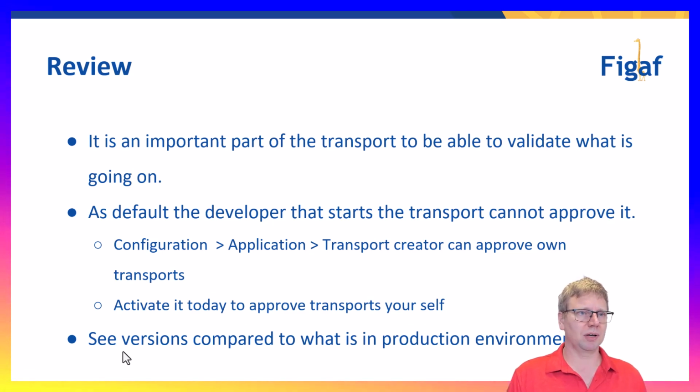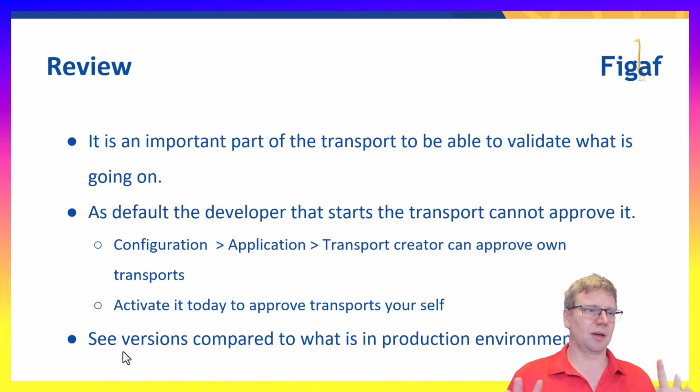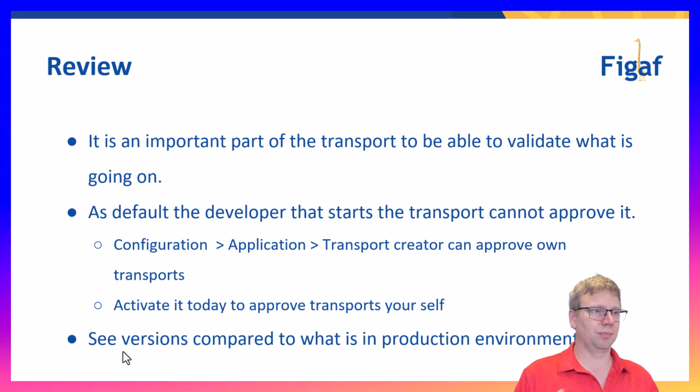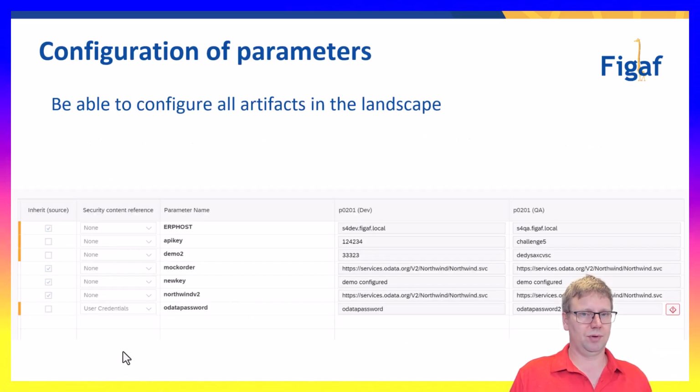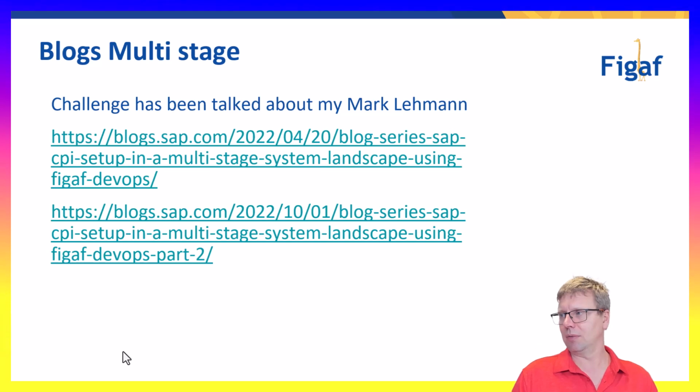We are not blocking anything unless there's something we think is technically impossible, like missing versions, etc. So it's all up to you to figure out what is the right review. Parameters, I'll show that on this stage.